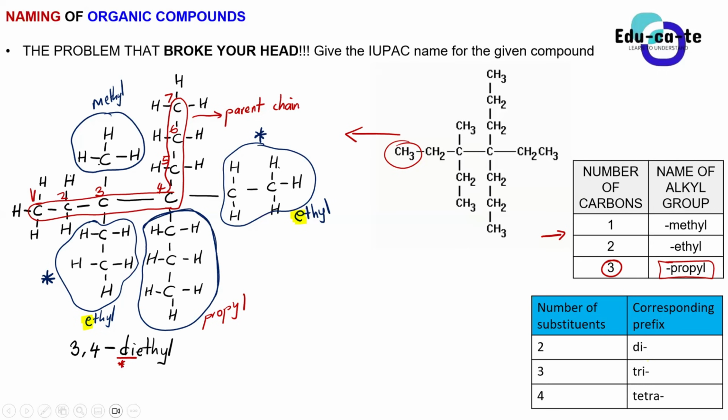Now that we have done ethyl, we look at the next letter in the alphabet, which will be M. After E, the substituent with the next letter in the alphabet is methyl, because the first letter there is M.